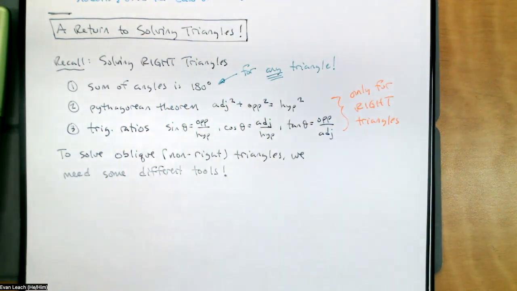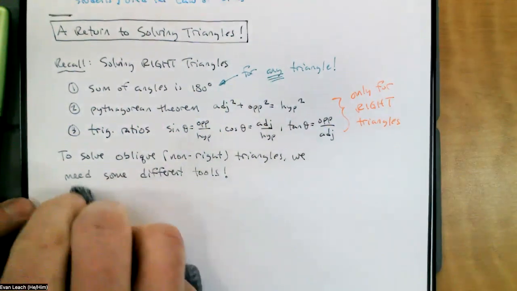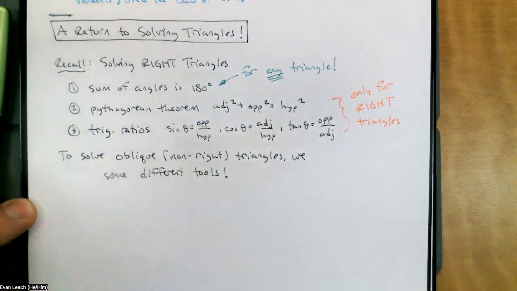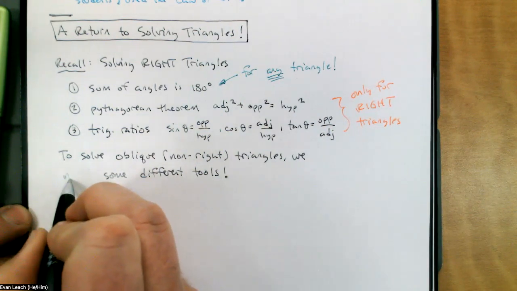So if we want to solve some oblique triangles, that is non-right triangles, we need some different tools.